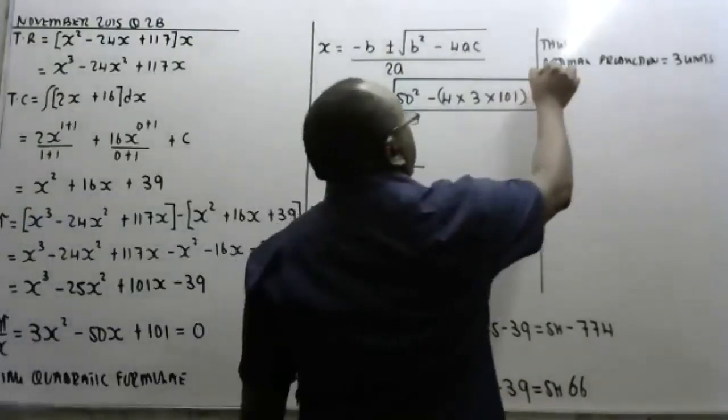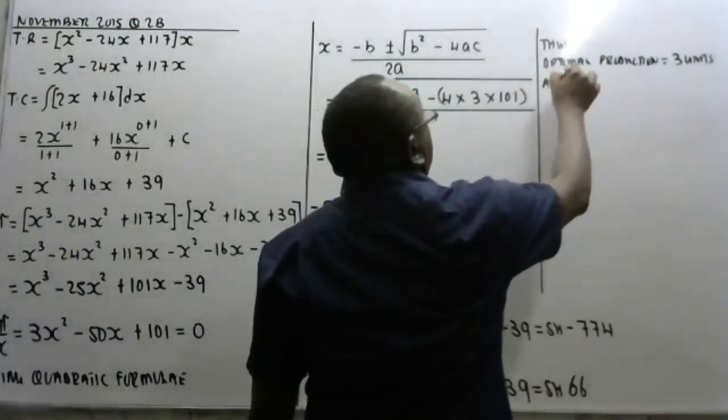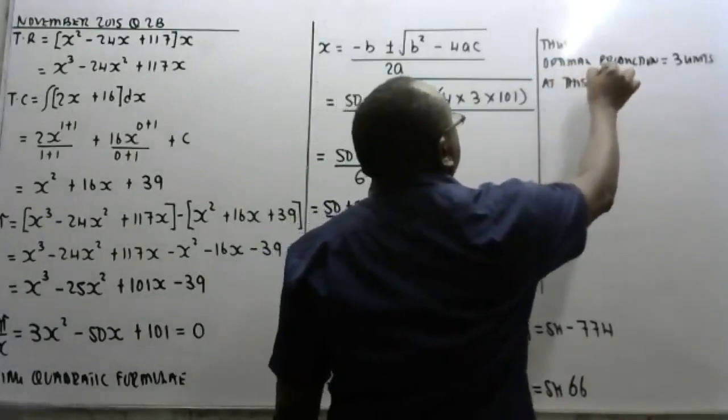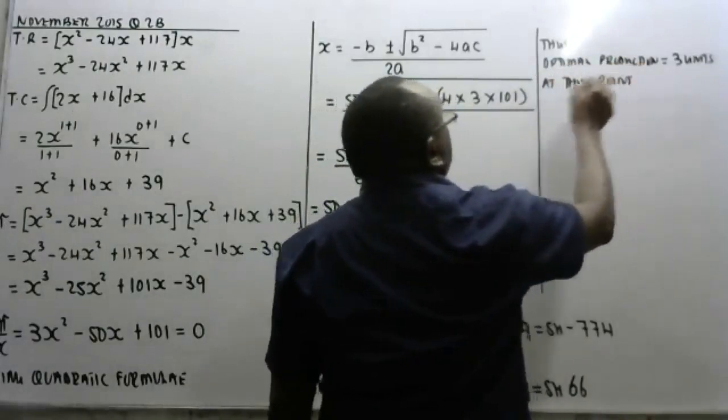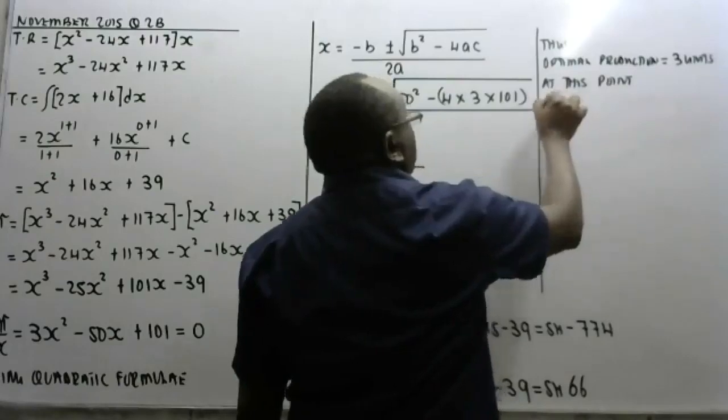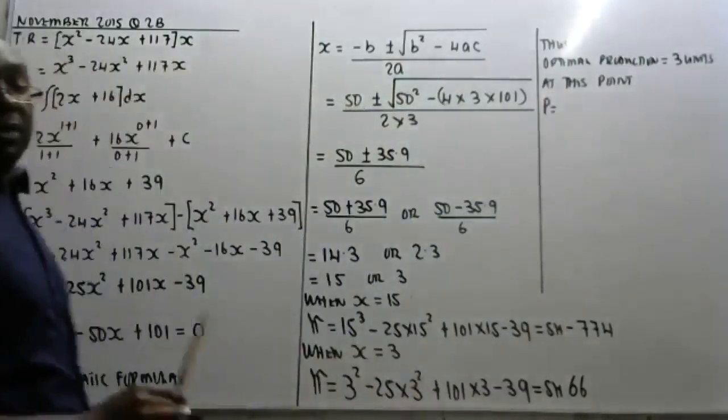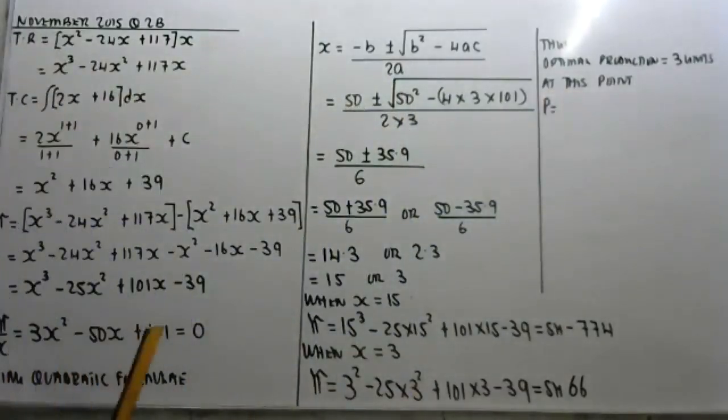So at this point, the price, the result of the price function, was x squared minus 24 times x plus 117.